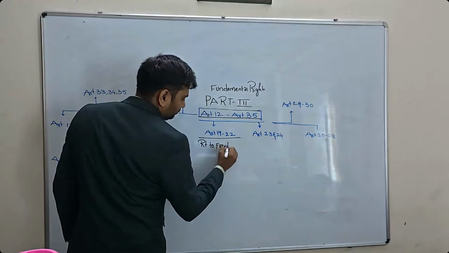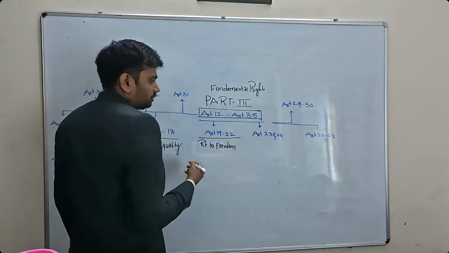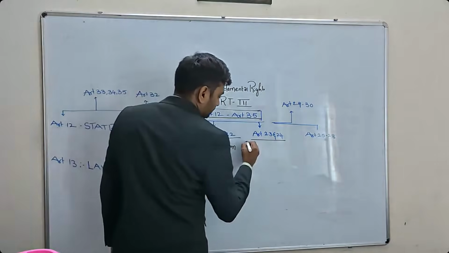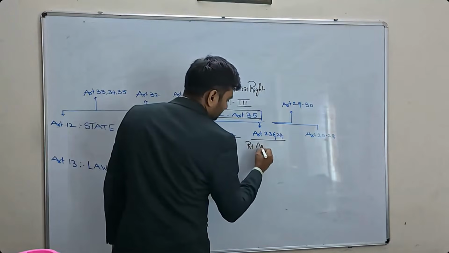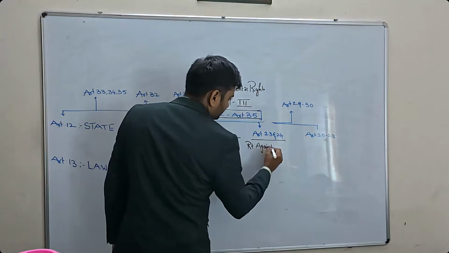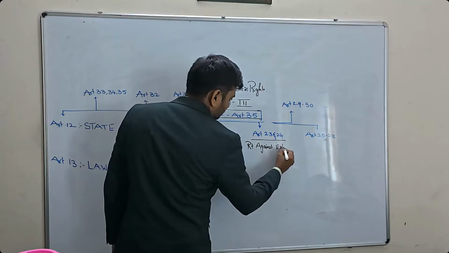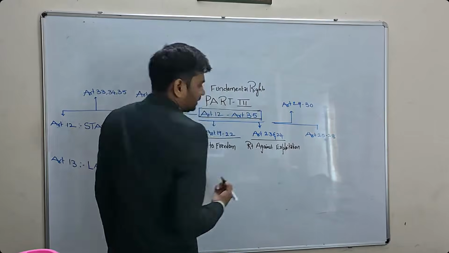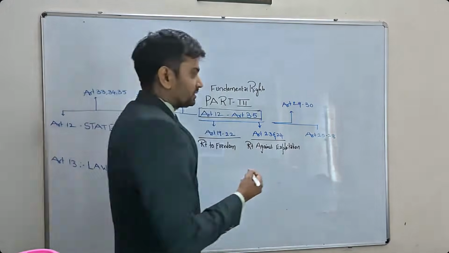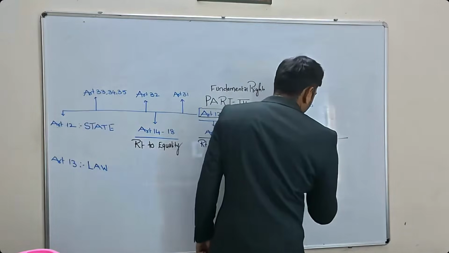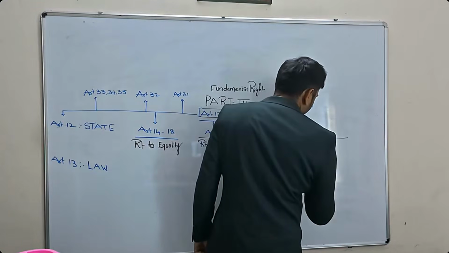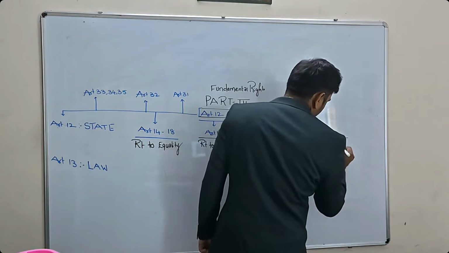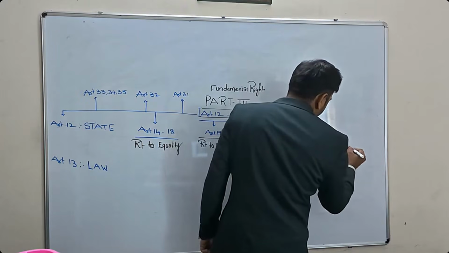Articles 23, 24, right against exploitation. Next, Article 25 to 28, right to freedom of religion.